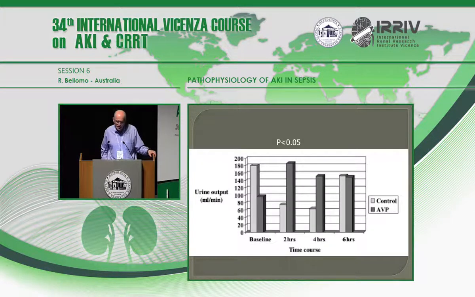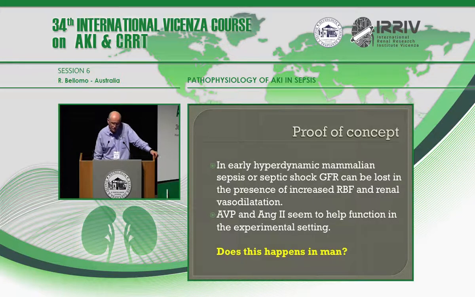And so indeed, when you give arginine vasopressin, at least for the first 4 hours of treatment, there is a significant increase in urinary output, although not quite as large as with angiotensin II. So it looks like not only angiotensin II, but vasopressin, which are either very selective or partially selective efferent arteriolar vasoconstrictors, appear to help function by decreasing renal blood flow.